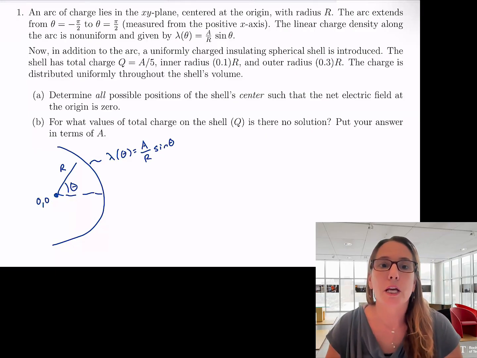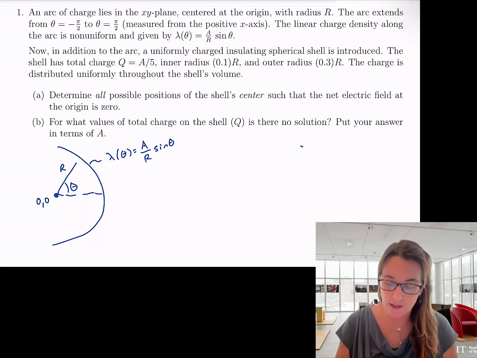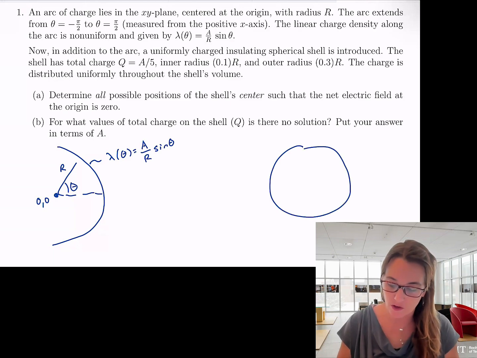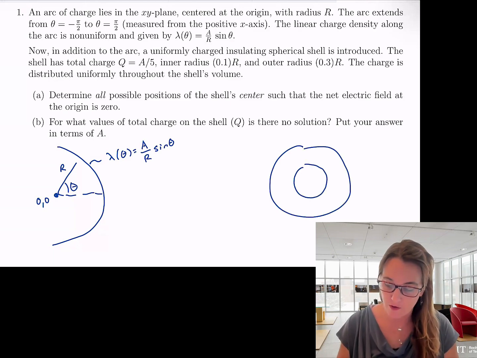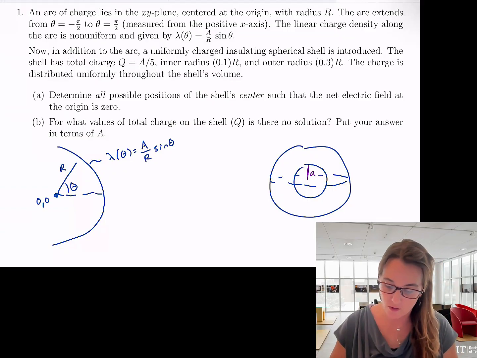So the rest of the question is asking, if you have, in addition to this arc, some uniformly charged insulating sphere, a spherical shell, of inner radius A and outer radius B, so let's go ahead and draw that structure.